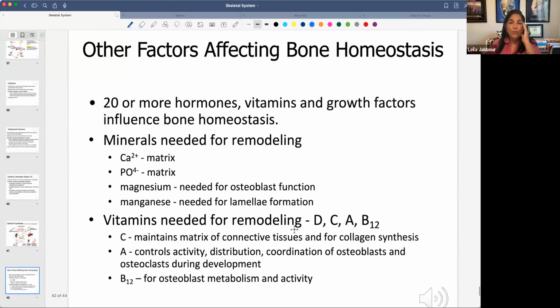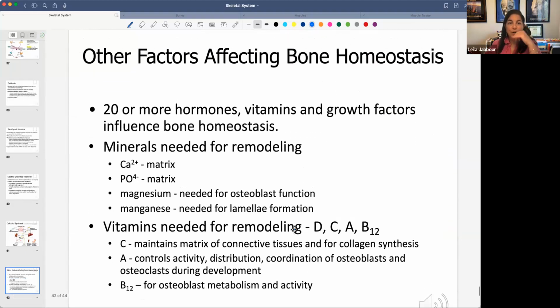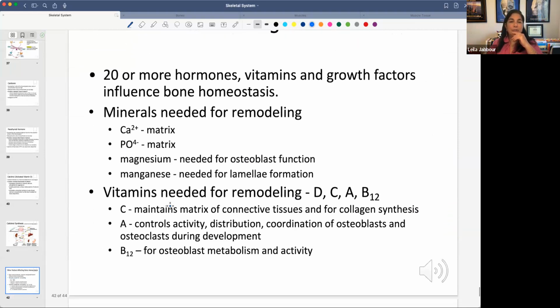There are more hormones that affect bone homeostasis, of course, as well as vitamins and growth factors. So it's really more complicated than this, but this is a good basis, because understanding bone homeostasis is understanding calcium homeostasis. Other minerals needed for remodeling, besides calcium, are phosphate ions, magnesium, and manganese. These are all important in general for bone formation.